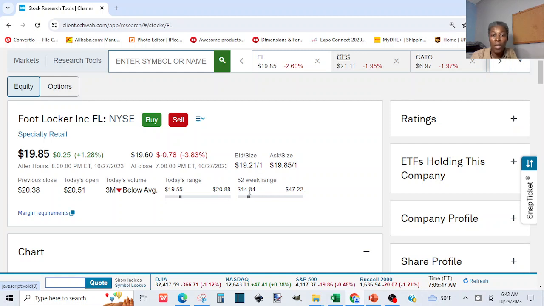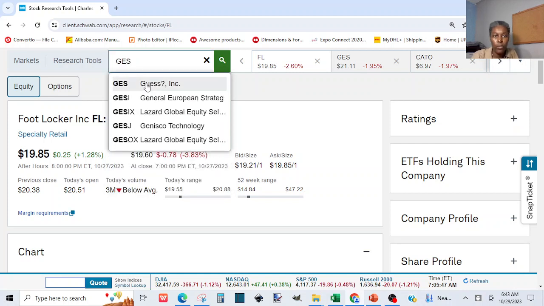But if you want to catch it before it starts going back up, and you are not buying a lot of shares, you can set a price a little bit lower than the price it's selling at now. But we are not going to talk about how to set the price when buying stocks. We are just going to say it's the right time to buy because it's closer to the 52 weeks low. I like to buy stocks when the price is closer to the lowest price for the year, and that's the start.